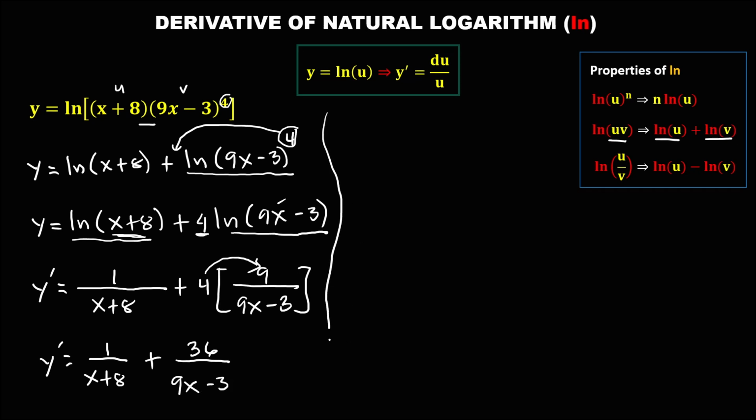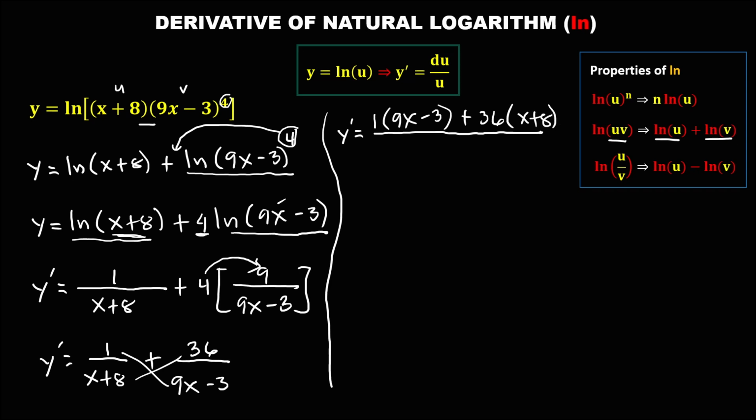Then again, to write this equation in a single fraction, so y prime equals, using the crisscross multiplication, so that's 1 times 9x minus 3 then plus 36 times x plus 8 then over this x plus 8 times 9x minus 3.